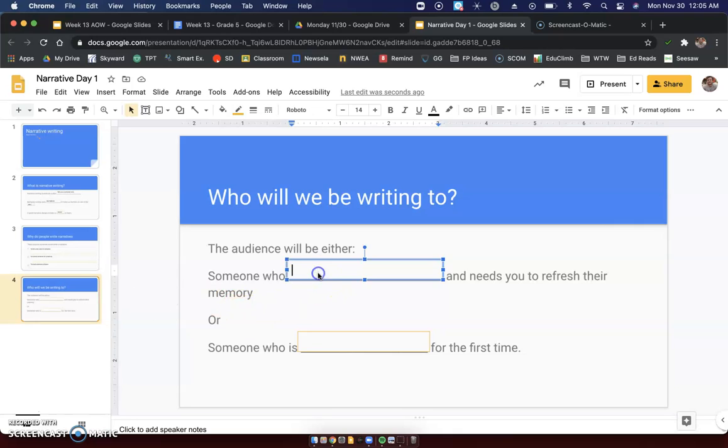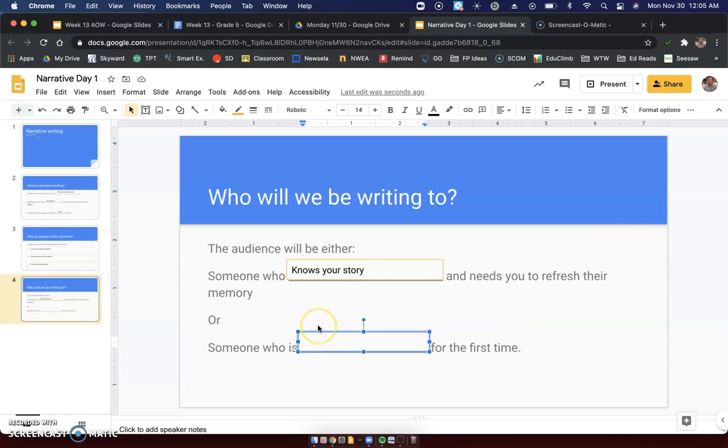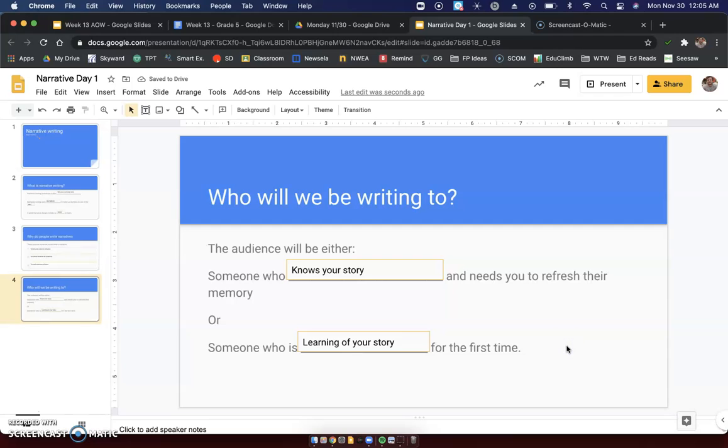It could be someone who knows your story and needs you to refresh their memory, or someone who is learning of your story for the first time. Okay, so the audience could be either one of these people. It could be someone who knows your story and needs you to refresh their memory, or it could be someone who is learning of your story for the first time.